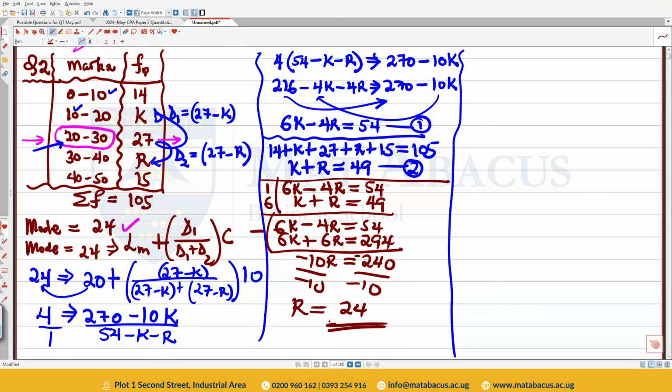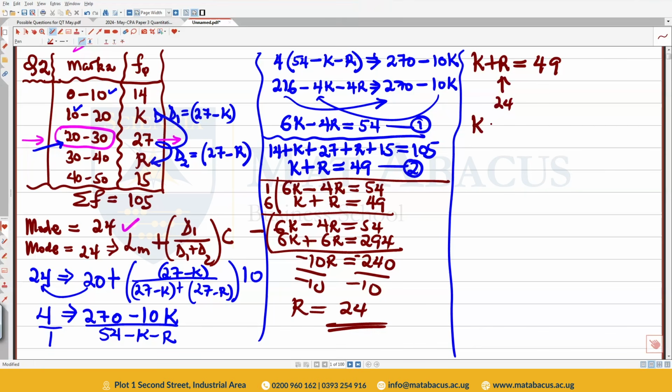Watch carefully and see how I am computing those numbers. It is something very basic. After getting R as 24, you can now proceed and substitute. You know very well that K plus R is equal to 49, but your R is 24.